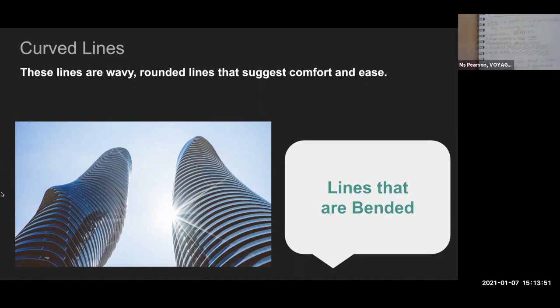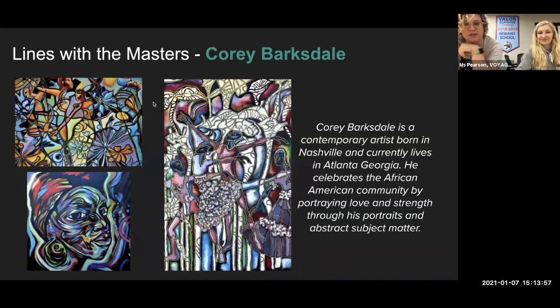So now that we know the 5 types of lines, let's take a look back at the artist from the Six Hat sketch and learn a little bit more. All right, so here is our lines with the masters. We have Corey Barksdale, and if you notice that there is an image here that's very familiar to you guys, or at least should be, right?